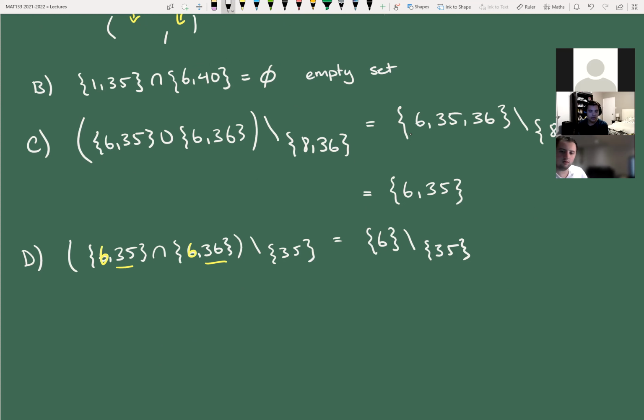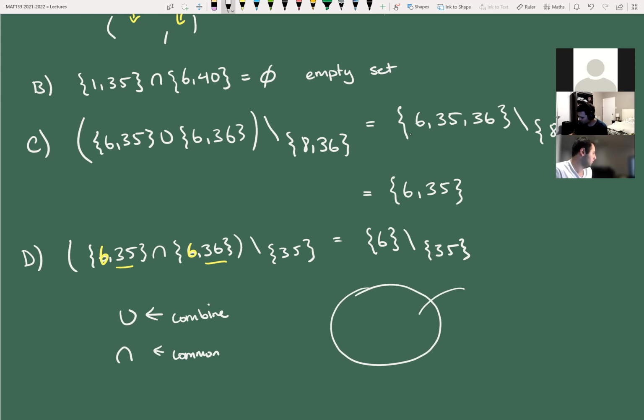Yeah. Davis, so union says join them, like combine. This is called intersection, and this says find the common, the stuff that are the same. We often think about these in terms of Venn diagrams, right? So if this is A and this is B, this is their union.